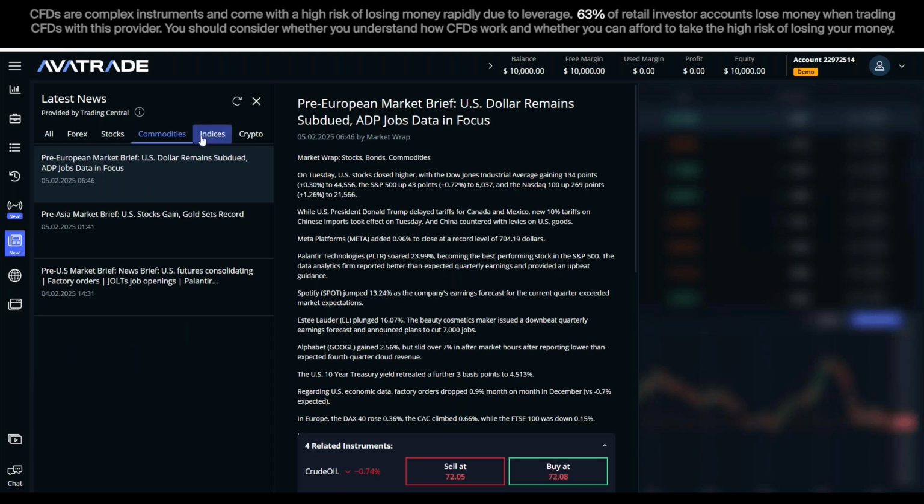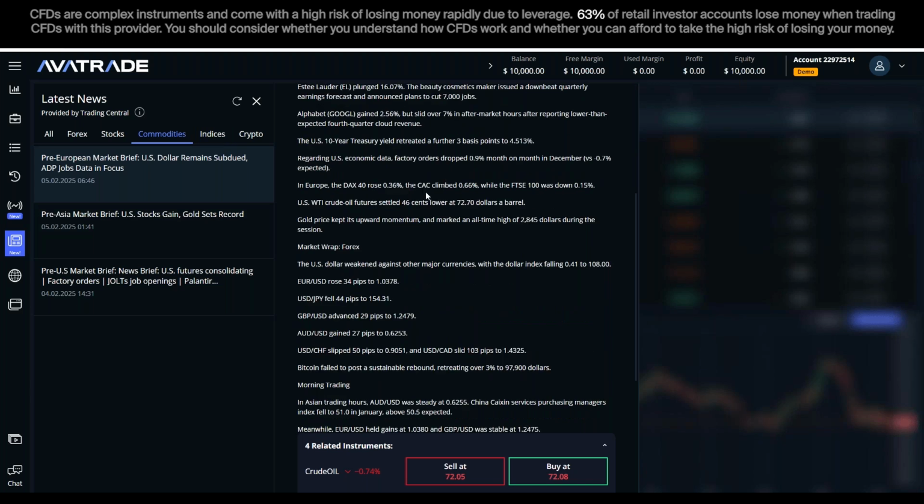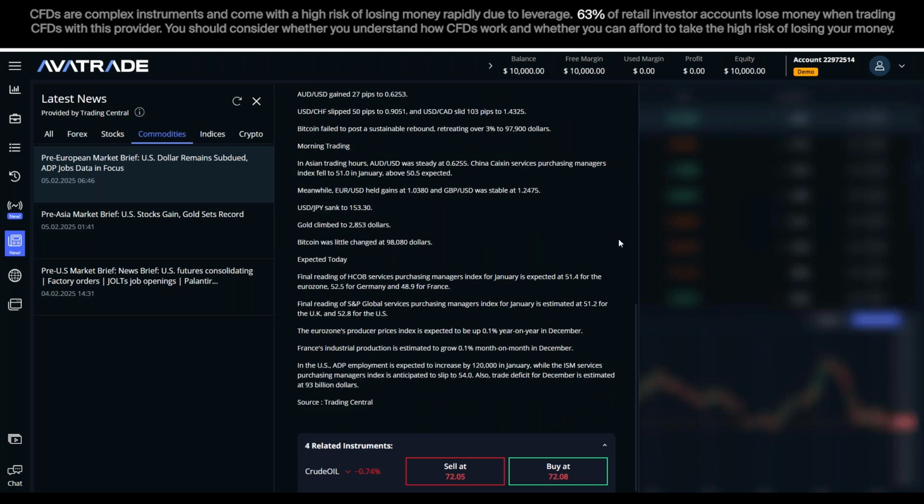And the advantage of using this news section is that it's hinted, as you can see, if I scroll down, scroll down, scroll down. In here at the bottom, there is related instruments. What does that mean, related instruments?